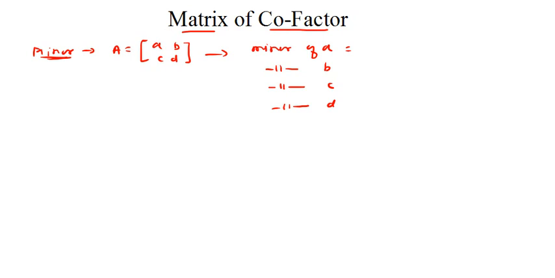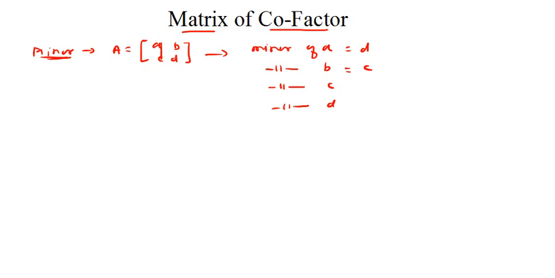The minor of A can be obtained by just hiding the row and the column where A is present, that will be D. Again, the minor of B is found by hiding the row and column where B is present. What remains? C. For the minor of C, hide the row and column where C is present.